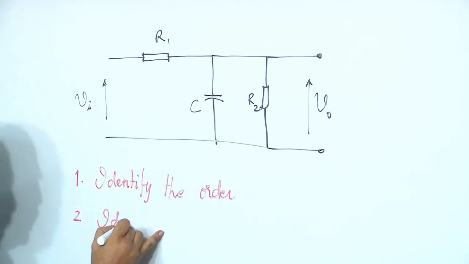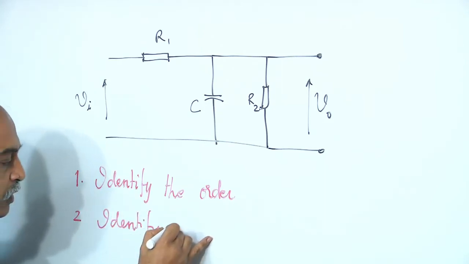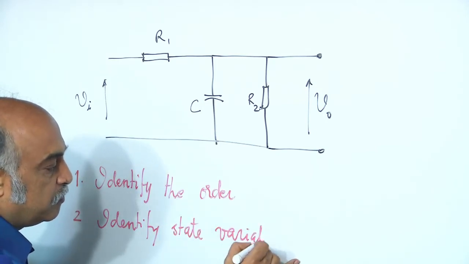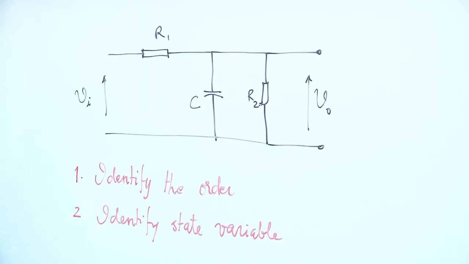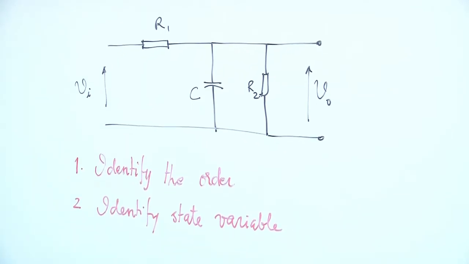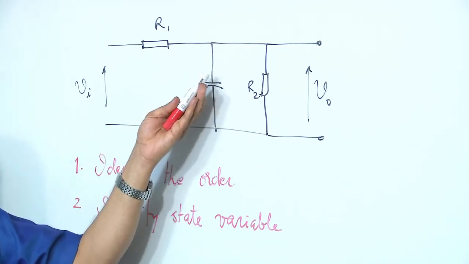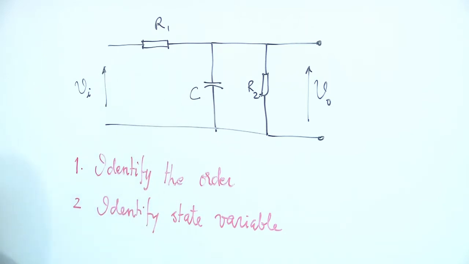Then identify the state variable. What is the state variable in this case? VC. It is the voltage associated with this potential storage element.